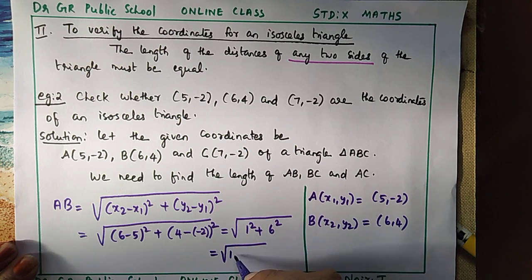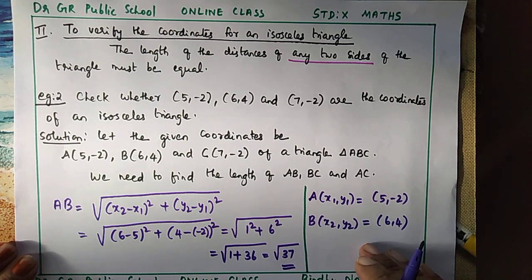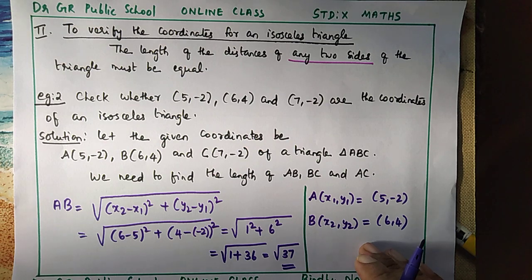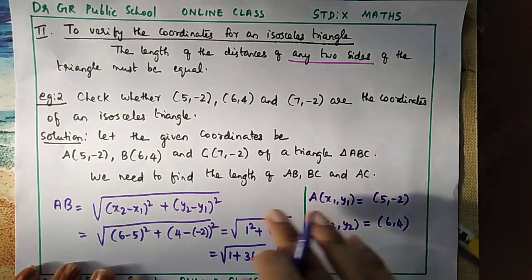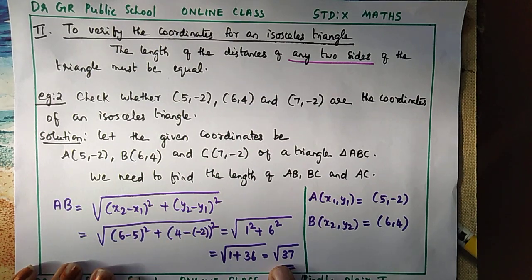Root of 1 plus, what is 6 square? 36. What is 1 plus 36? 37. So your first answer is root of 37. Correct? So we got the first distance AB equal to root of 37.